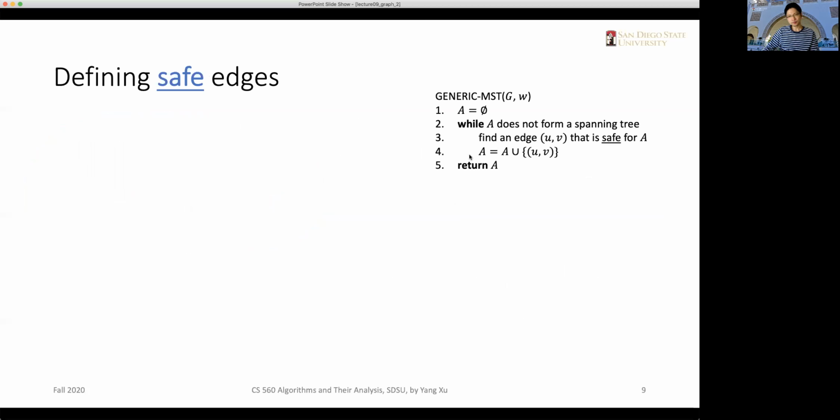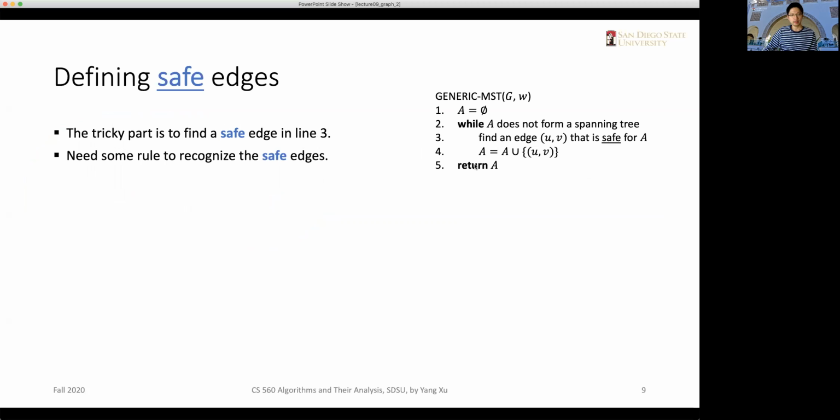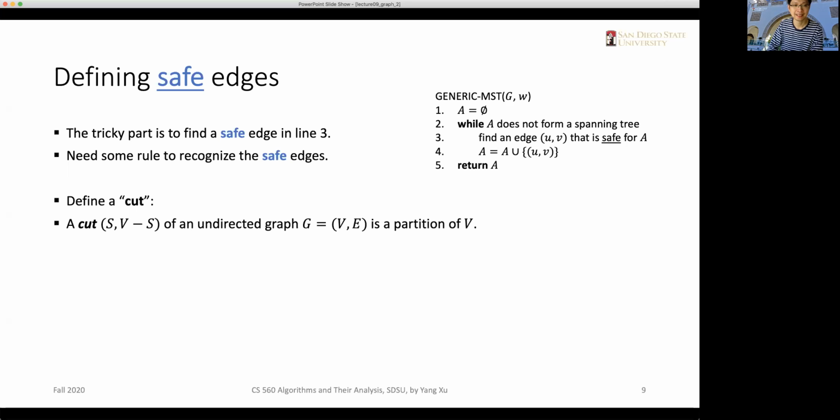All right, let's come to the definition of the safe edges. This is a tricky part, and we need to lay out quite a few jargons, quite a few terms, to define the safe edges. The first one is called a cut.